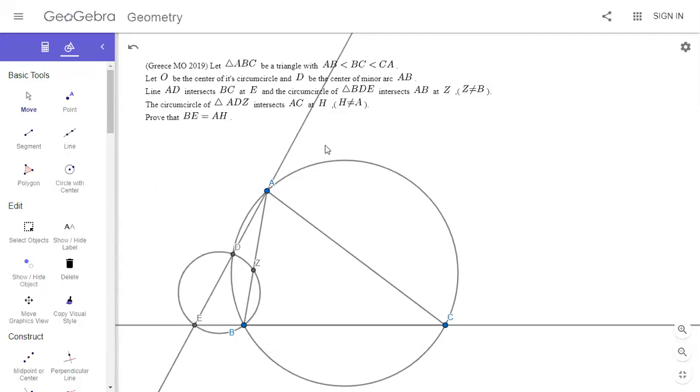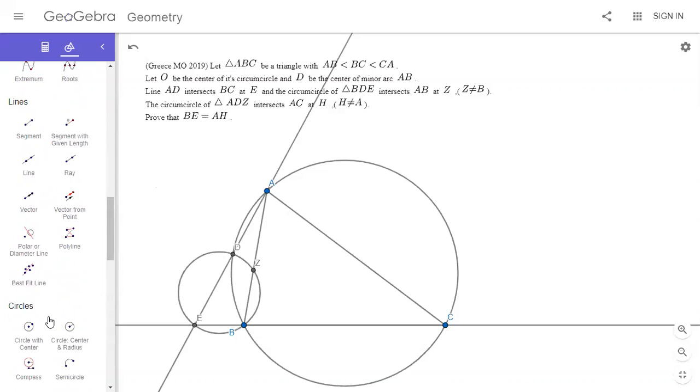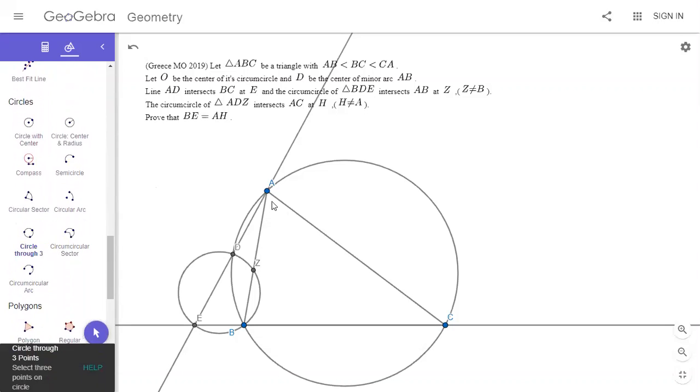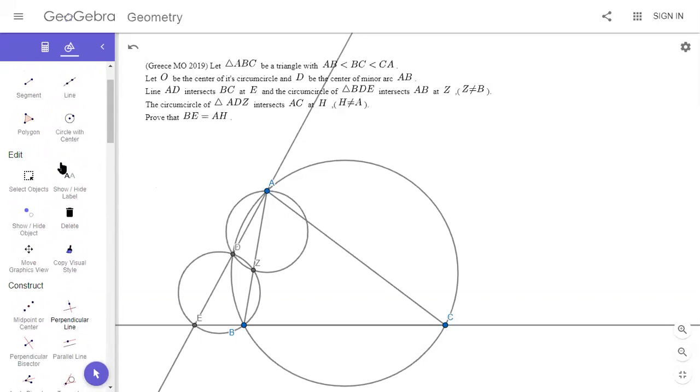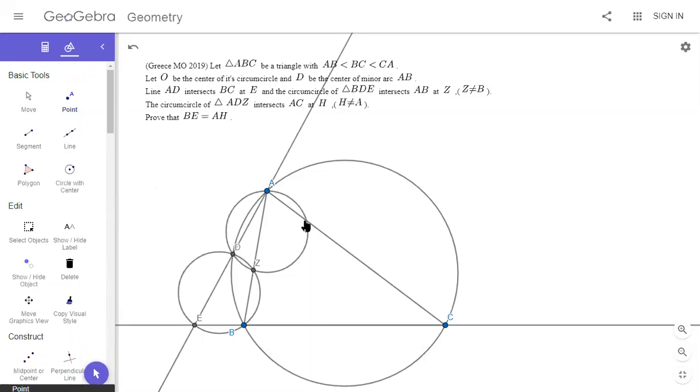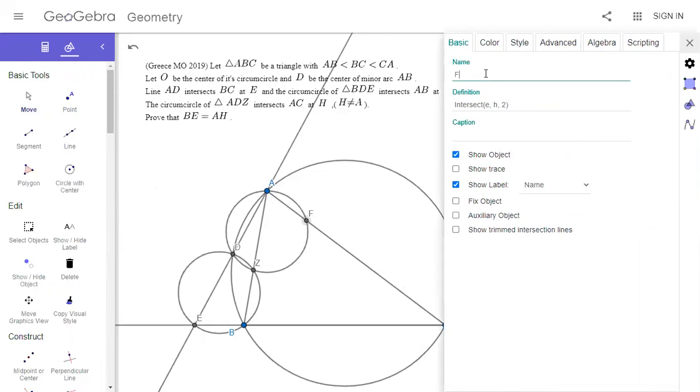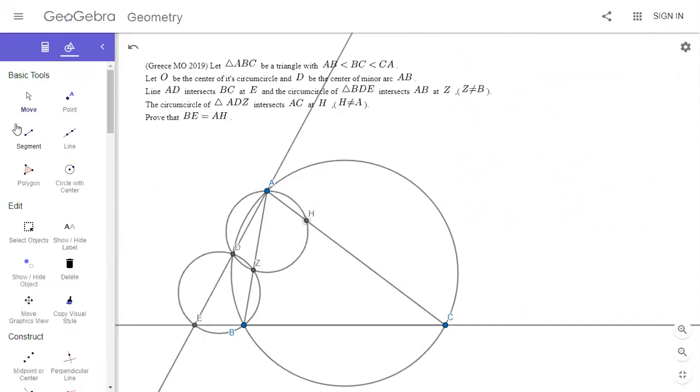Okay, the circumcircle of ADZ intersects AC at H. And we want to show that BE is equal to AH. All right.